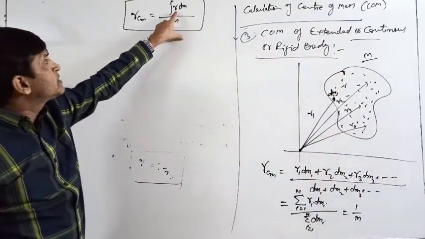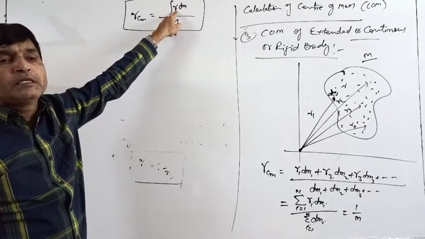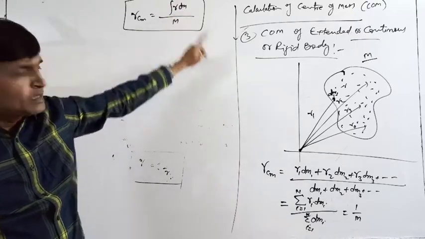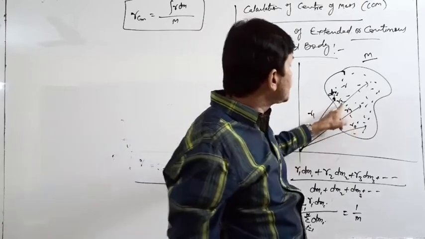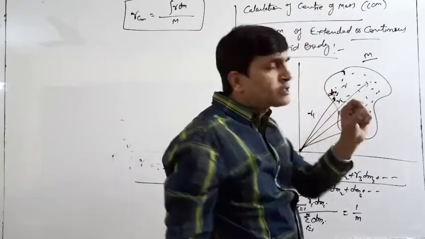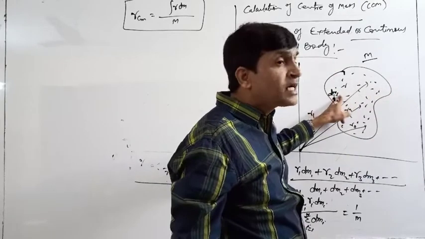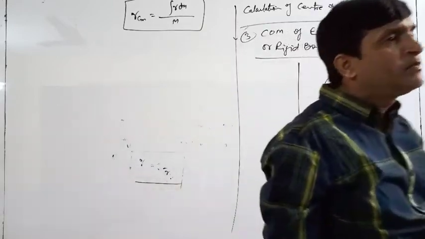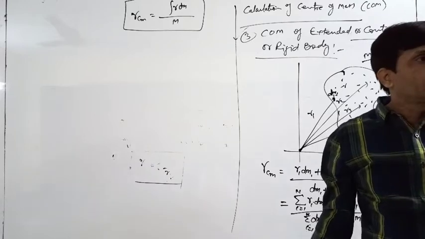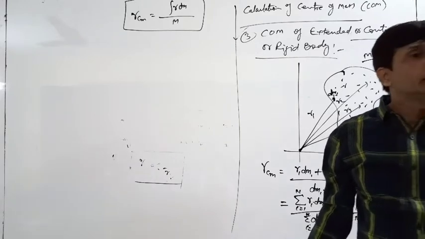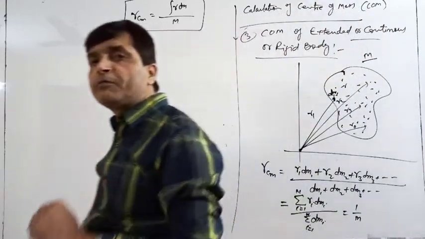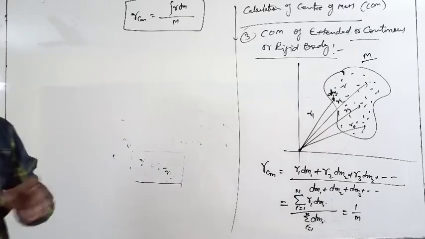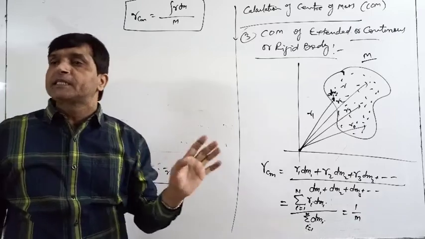So r means position of center of mass of that point which having mass dm. r1, r2, r3 are the positions of center of mass of those small particles which are having mass dm1, dm2, dm3, because particle center of mass will be at the place of particle itself. The particle size is infinitely small, so there is no two different points in case of particle, but in rigid body there can be different points.